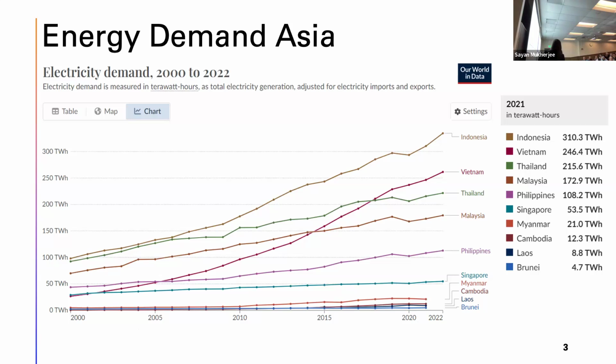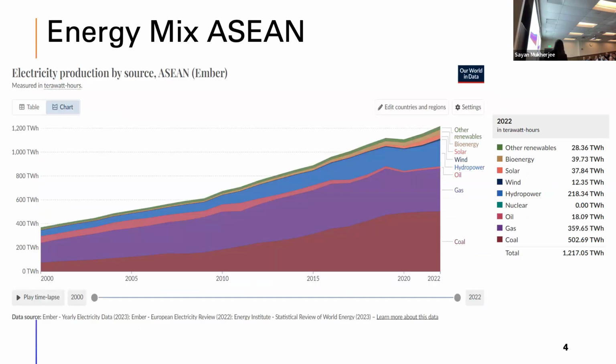So along with the energy demand, we have the energy production within the region. As you could see here, it is split up, but it varies depending on what country you're looking at. But if you look over here, the coal is about half of the energy production within the year 2022.